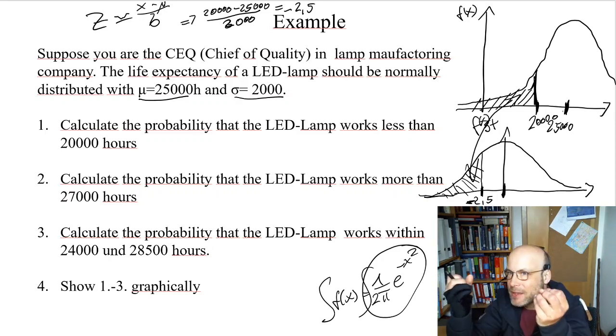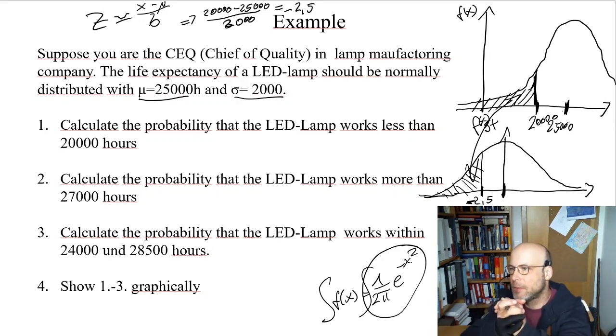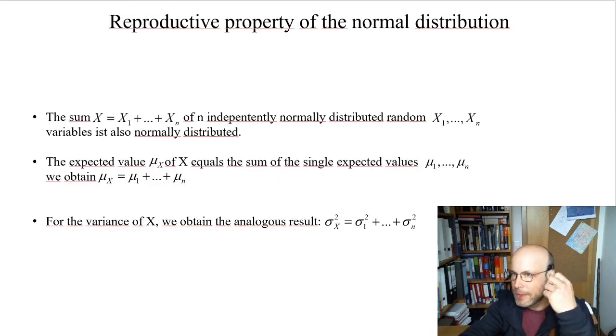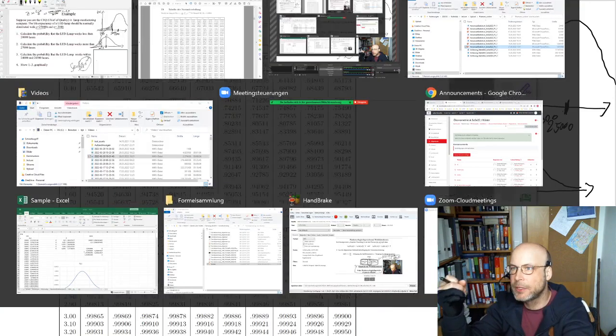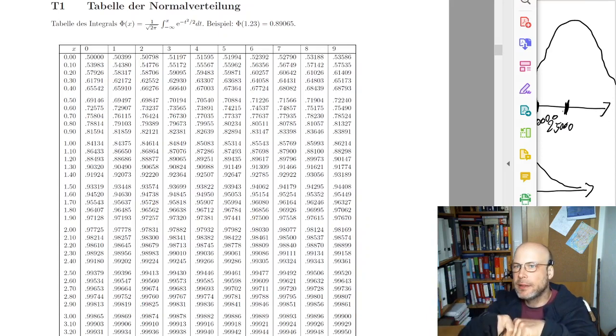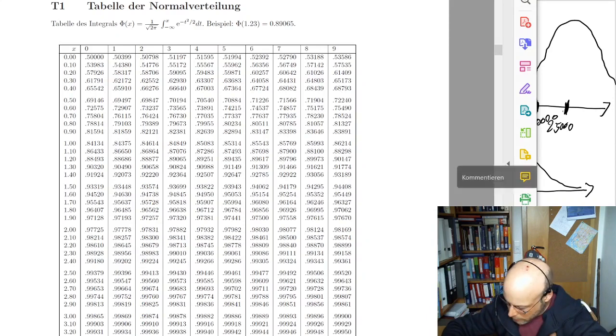But since this standard normal distribution is so important, we calculated once and forever all specific numbers on a digit level of 2 digits.